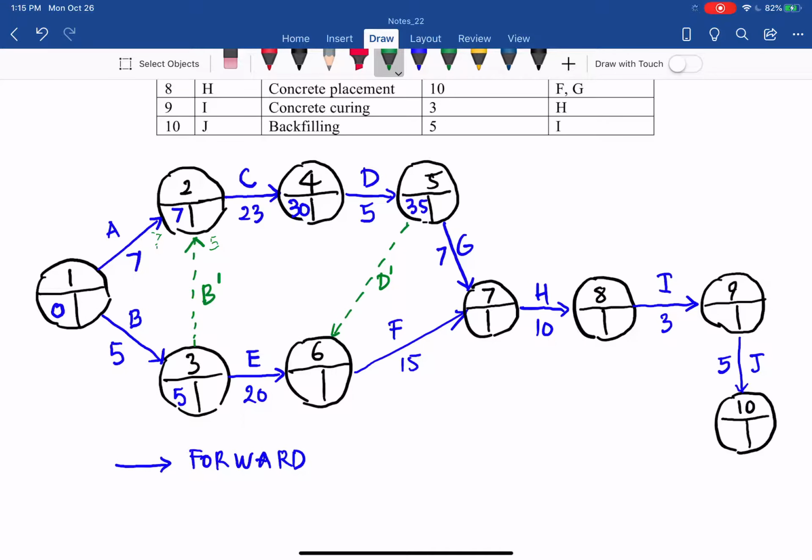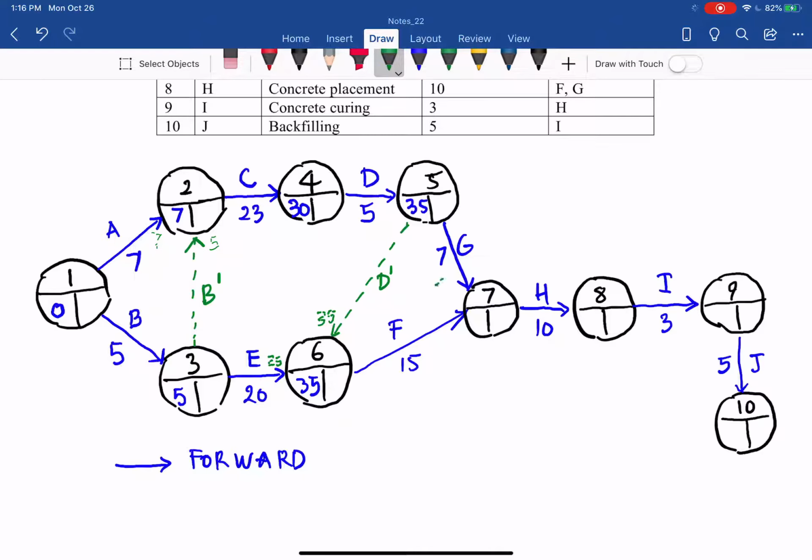From 3 to 6, 5 plus 20 gives 25. Then 35 plus D apostrophe, dummy, 0, gives 35. The maximum of 25 and 35 is 35.